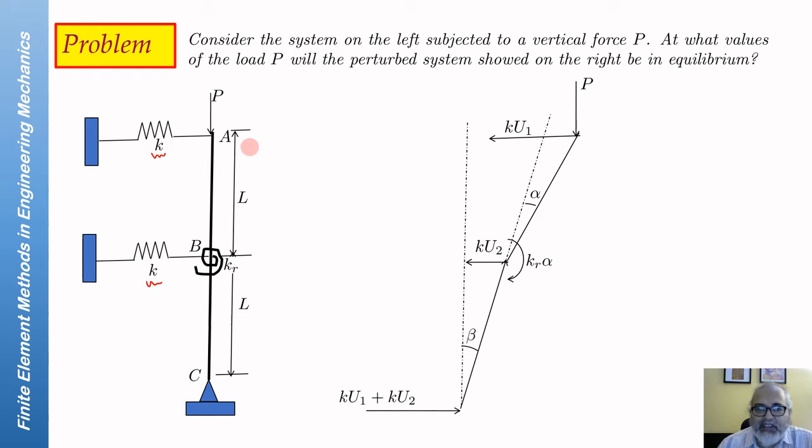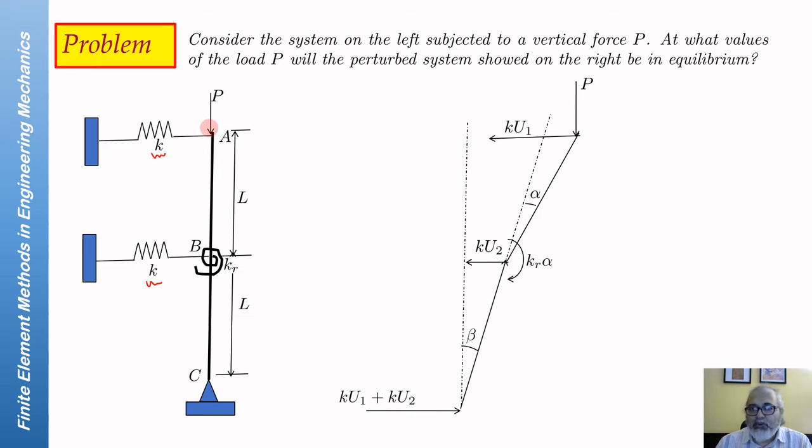Now, the question that I'm asking here is, if I displace this slightly, or maybe I can ask it in a different way, what is the value of P at which a slightly perturbed, sideways perturbed structure would still be in equilibrium? Okay, so in other words, what are the values of P at which this structure is going to buckle?